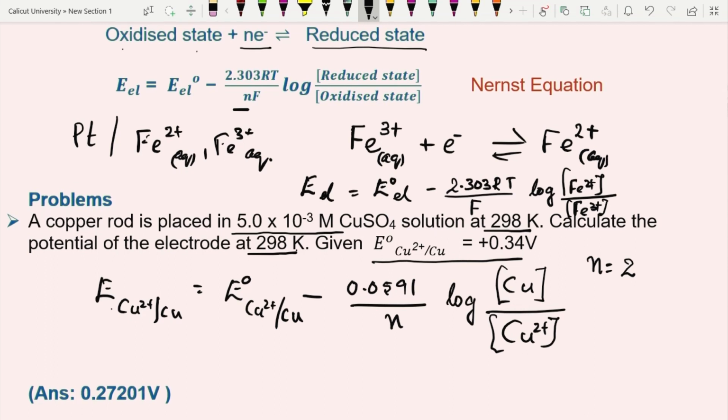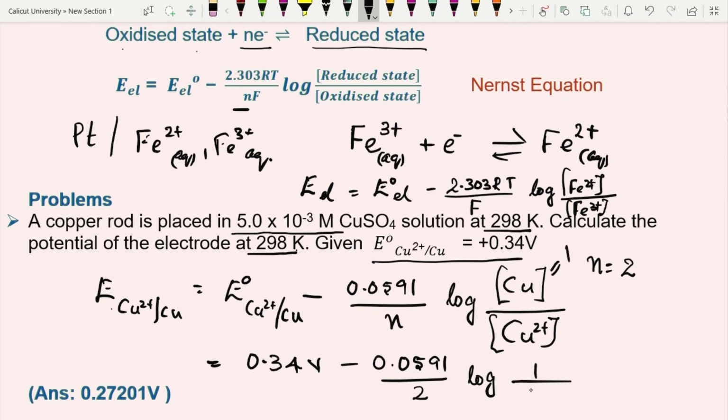Now, substituting these values and the concentration of copper, we get E0 of copper, which is given as 0.34 volts minus 0.0591 divided by 2 log of 1 divided by the concentration of copper ions, since the copper being pure is equal to 1.